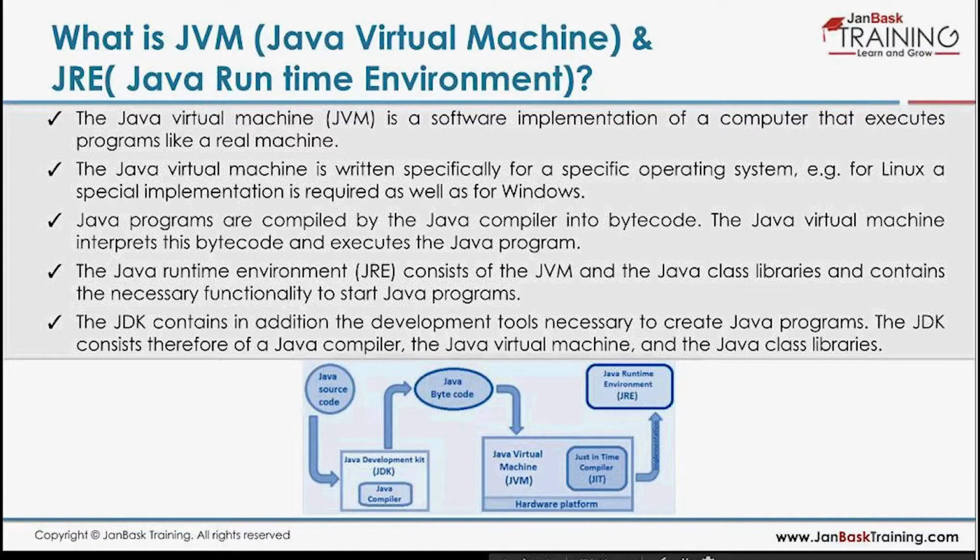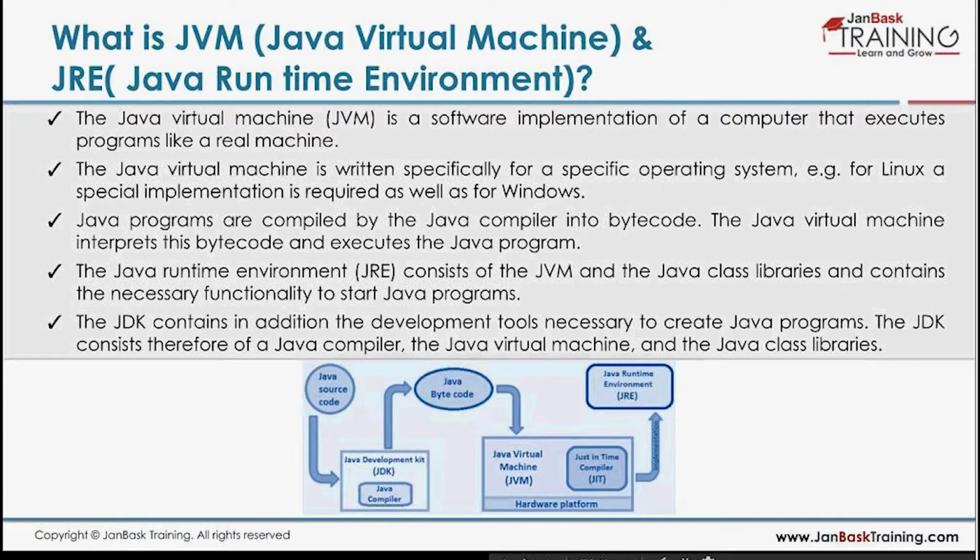The JRE is a combination of your runtime execution environment, the classes required for running, and your virtual machine. But if you want to create software using Java, then you need an additional piece of software, which is known as the JDK.